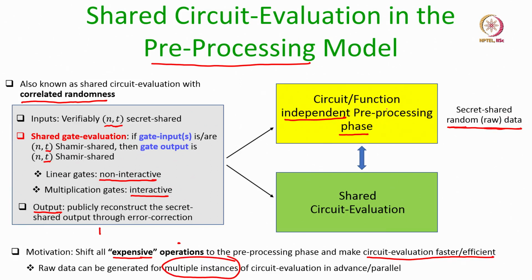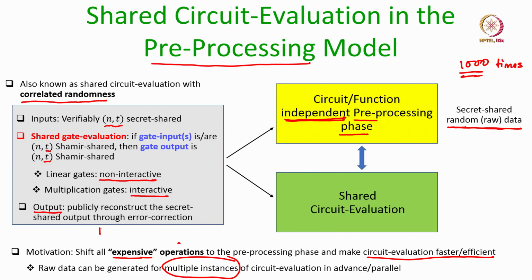So, remember this raw data is independent of the function which needs to be computed. So, if the same function has to be evaluated say 1000 times, then in this pre-processing phase the parties can generate the secret shared raw data, which will later help them to evaluate the function f 1000 times in a faster way.